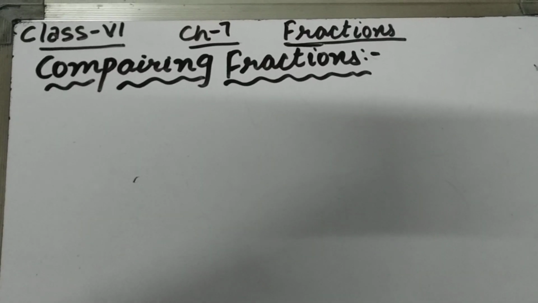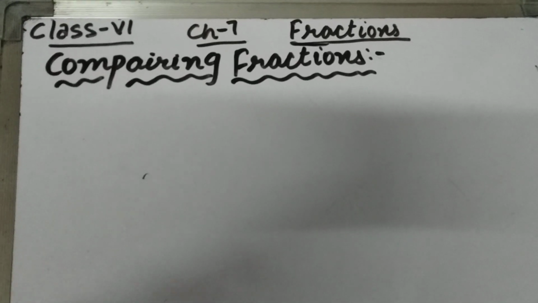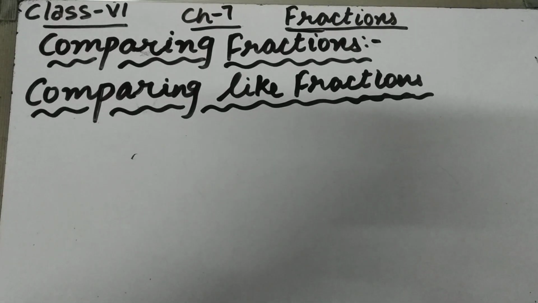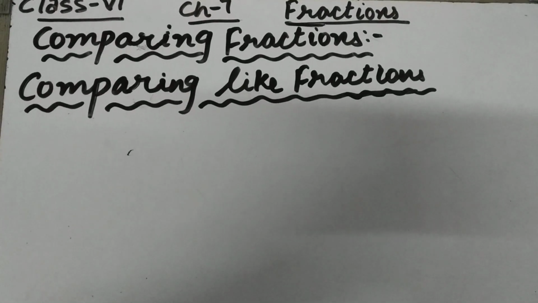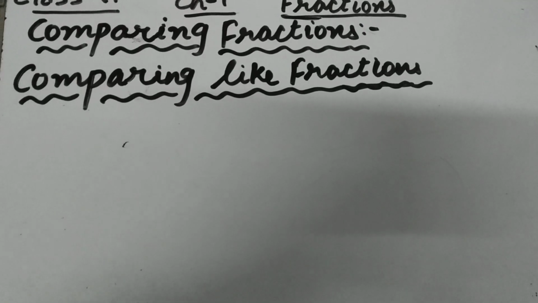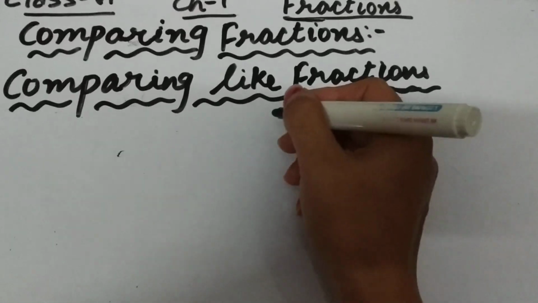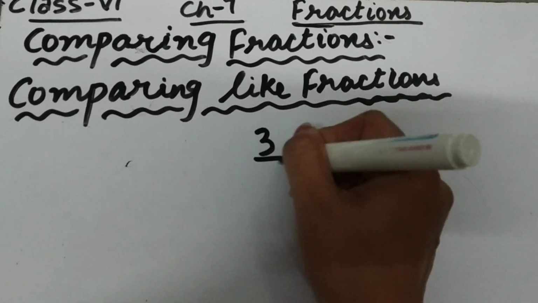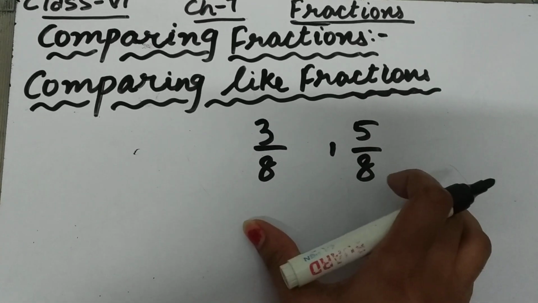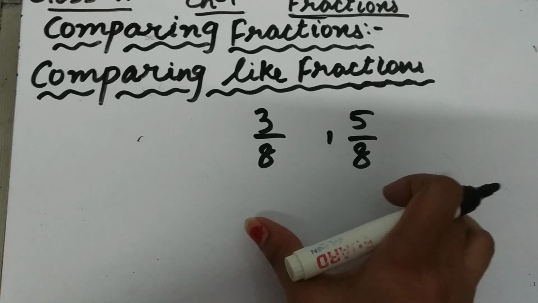Our next topic is comparing fractions, means how to compare fractions. Firstly, we'll do comparing like fractions. How to compare like fractions? We know that like fractions are the fractions that have same denominators. Suppose I have two fractions, 3 upon 8 and 5 upon 8. Both are like fractions because the denominators are same.